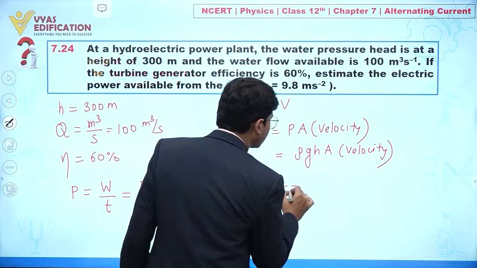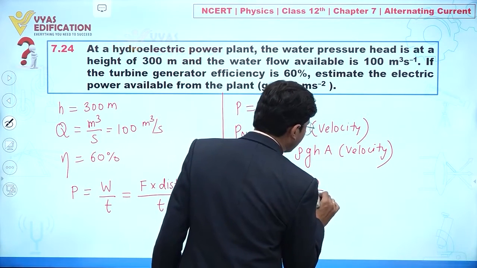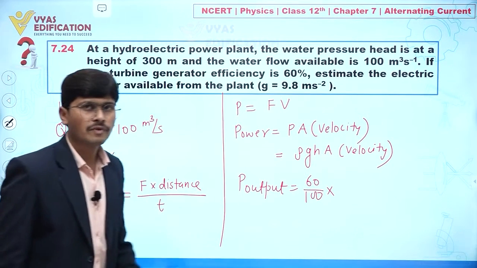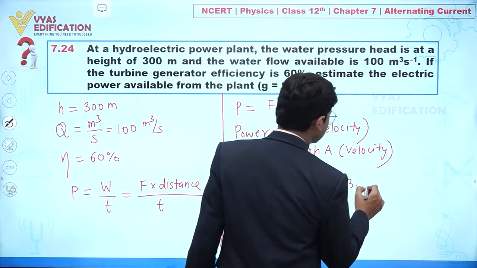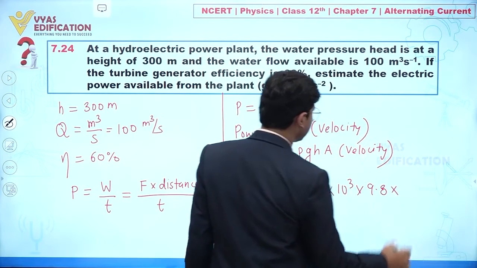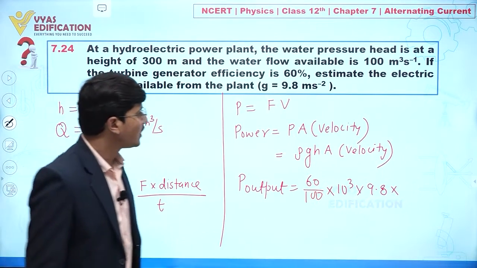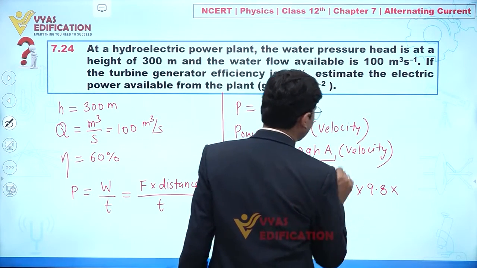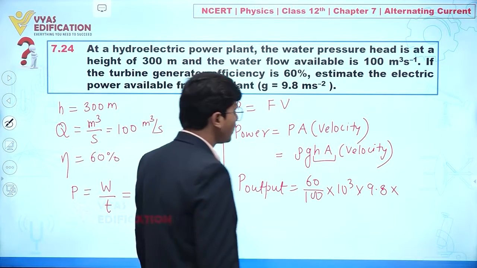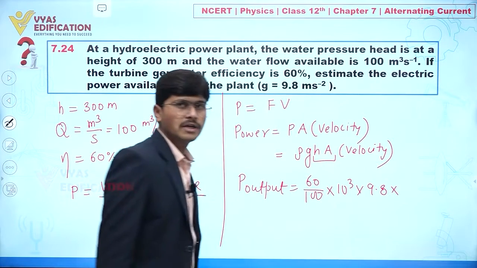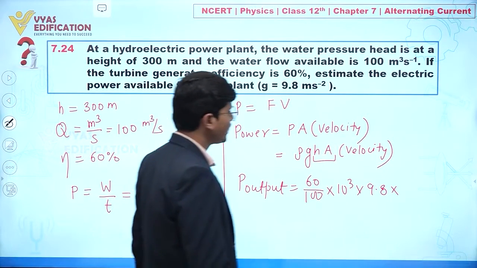Because the turbine efficiency we have is 60%, I can say the power output is given by 60 by 100. What about the density of water? This is equal to 10 to the power 3. What about g? I am taking 9.8 because it is given in this question. Now what is the value of A and H? The value of H is already given, 300 meter.